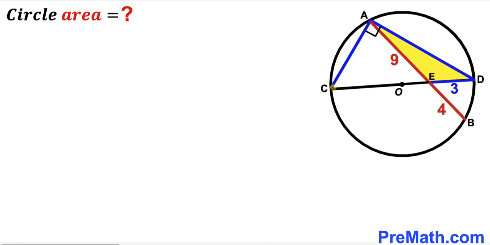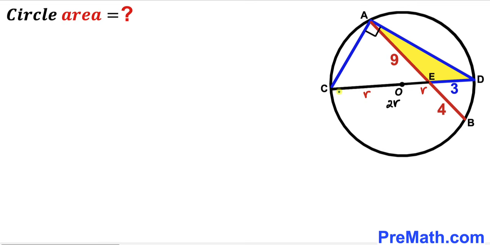And now we can see that this CO is the radius of this circle. So I'm going to label that one as lowercase r. And likewise, this OD is the radius as well. So this is going to be lowercase r as well. So therefore, this whole diameter CD is going to be r plus r, which gives us 2r.